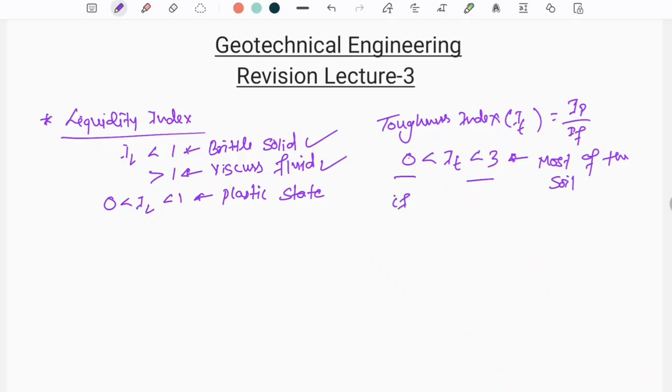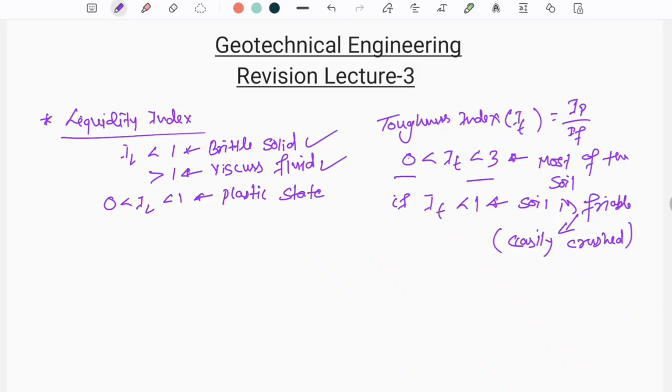If the toughness index is less than 1, then the soil is friable, that is, easily crushed.